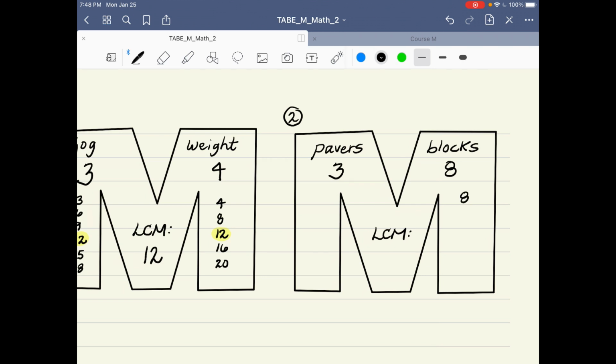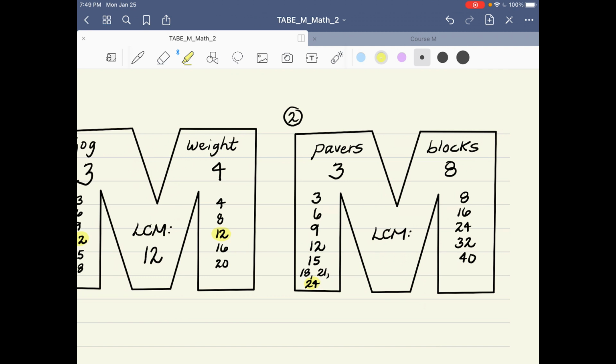So I have 8, 16, 24, 32, 40, 3, 6, 9, 12, 15. I still don't have one, so I'll just keep going. 18, 21, 24. There is a common multiple.